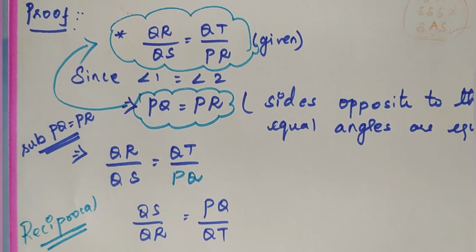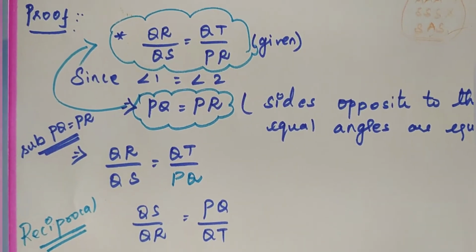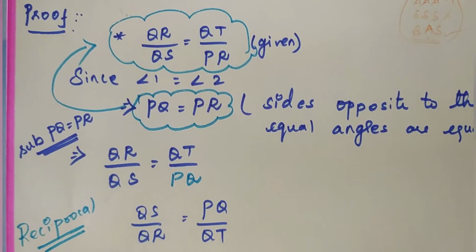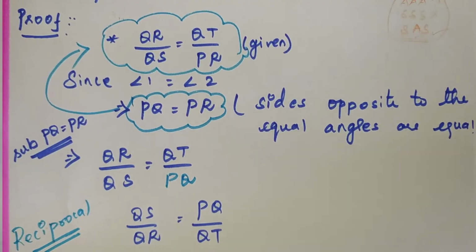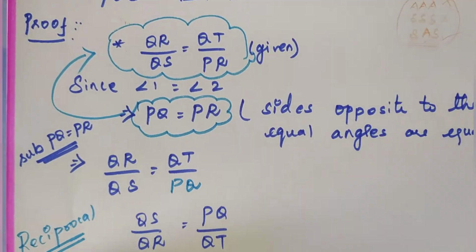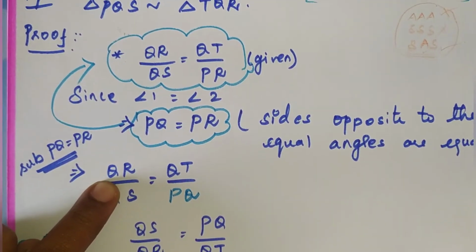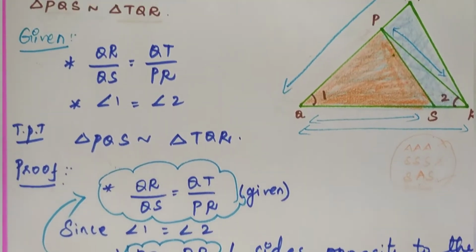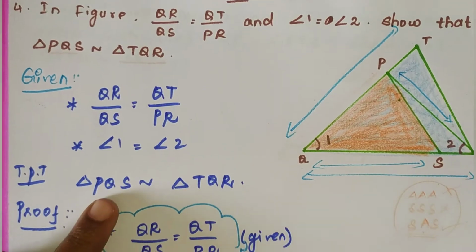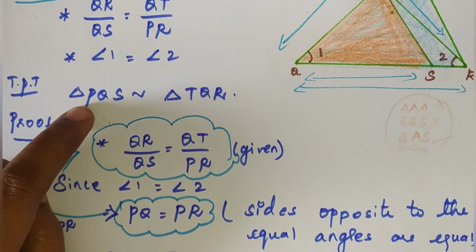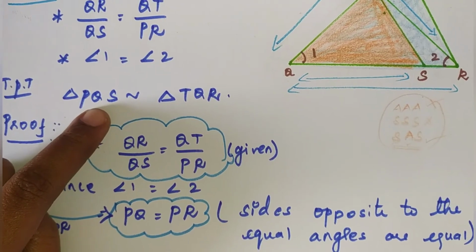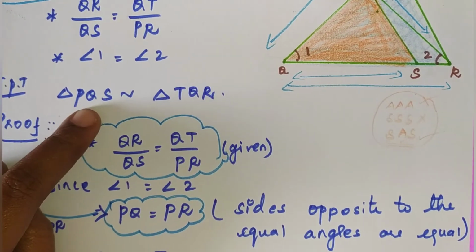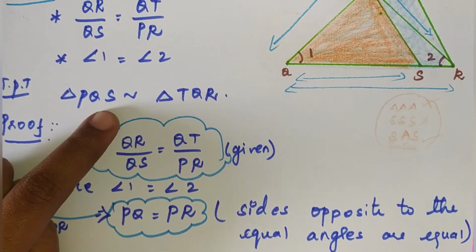Why did I take the reciprocal? Can I tell the easy way to identify whether we have to take the reciprocal or not? Here we have QR. See the proof, to prove that, PQ we have, but we don't have R itself. We can take the first triangle PQS.